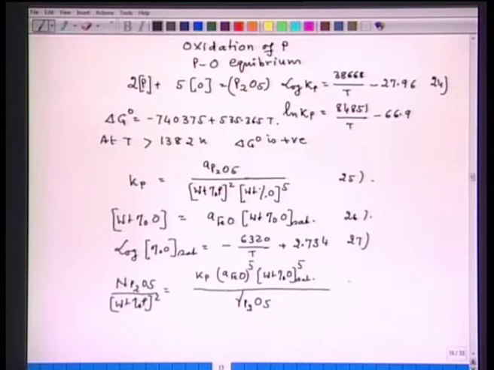Let us call this equation 28. What I have done in this equation, I replaced activity of P2O5, that is equal to Np2O5 into gamma P2O5.